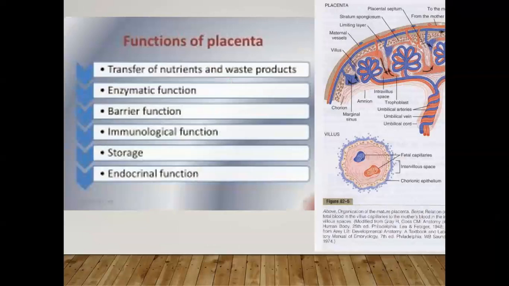This picture summarizes the functions of the placenta: transfer of nutrients and waste products, enzymatic function, barrier function protecting the fetus, immunological function, with a role in secreting immunological factors against infection, storage, and endocrine function, as many hormones are secreted from the placental tissue.